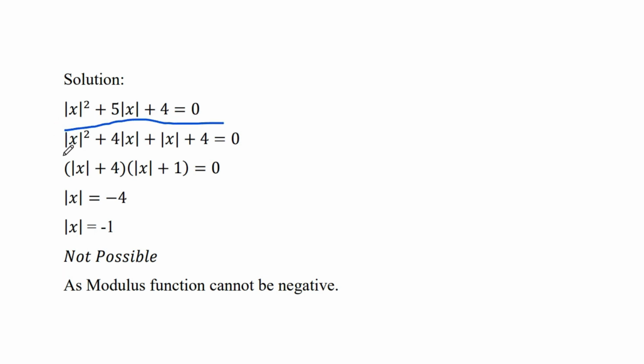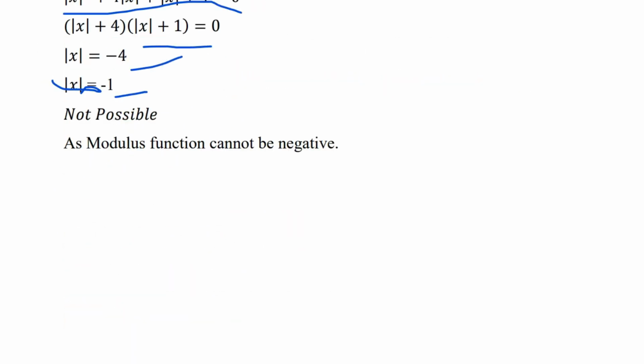Just rewrite this equation. You will have mod of x plus 4 into mod of x plus 1 equals 0. That means you will have either mod of x equals minus 4 or it equals minus 1. That is not possible because this is a mod function and the value of mod cannot be negative. Hence, the solution is not possible. So, the correct answer is 0.